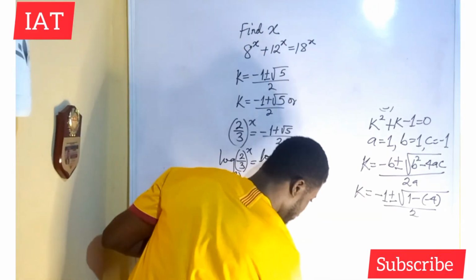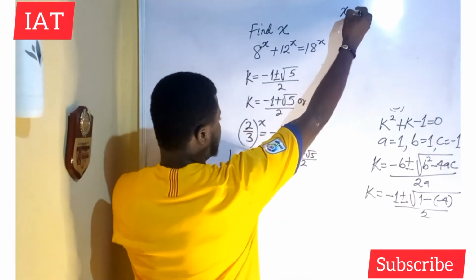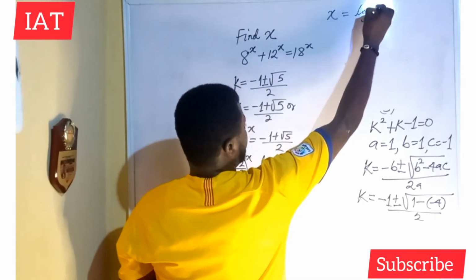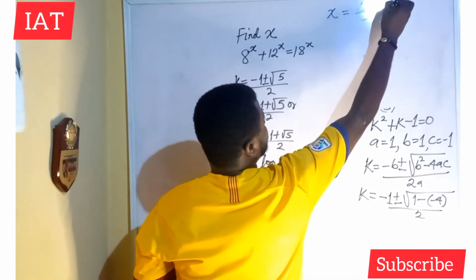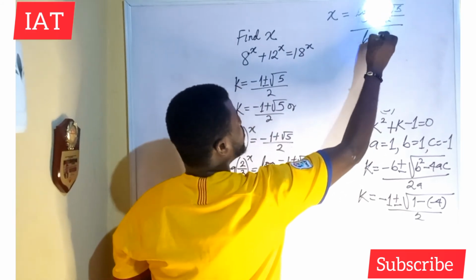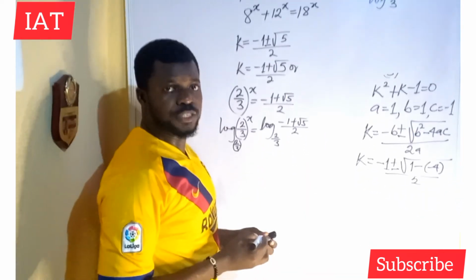How do we do the transformation? Look at it. It means that this x will be equal to log of minus 1 plus root 5 over 2, divided by the logarithm of 2 over 3. We call it change of base of logarithm.